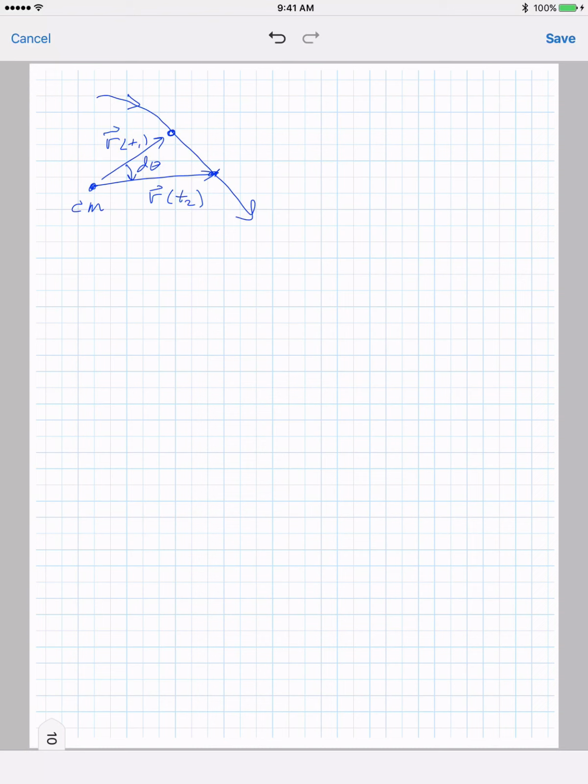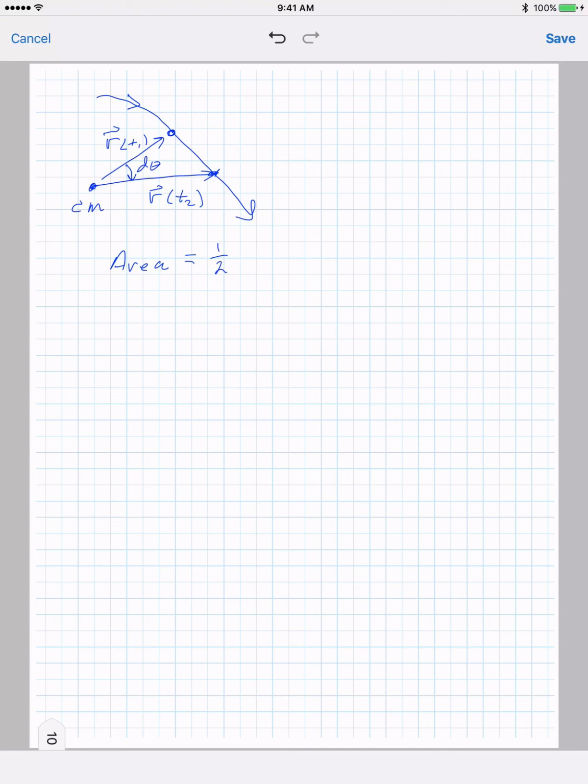What I'm interested in is the area. What is the area that's swept out between time t₂ and time 1? So let's look at the area. We're going to make an approximation in dθ, and it'll get successively more accurate as dθ goes to 0. Essentially what I've got here is a triangle, and so I have an area which is swept out.